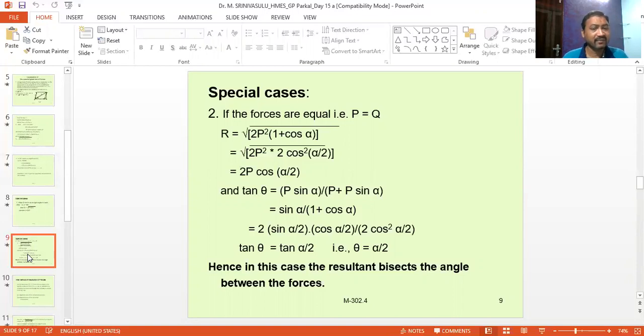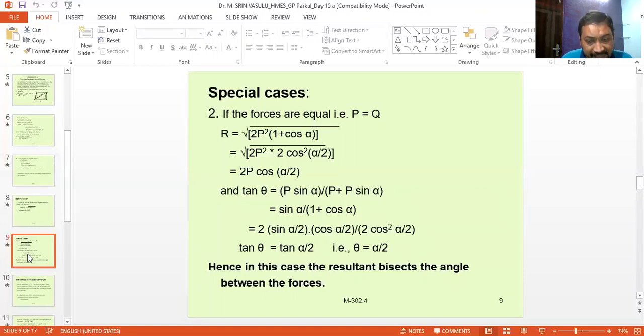And we know that sin 2 alpha is equal to 2 sin alpha cos alpha. Similarly, sin alpha we can write as 2 sin alpha by 2 into cos alpha by 2. Similarly, we know that 1 plus cos alpha is also equal to 2 cos square alpha by 2.